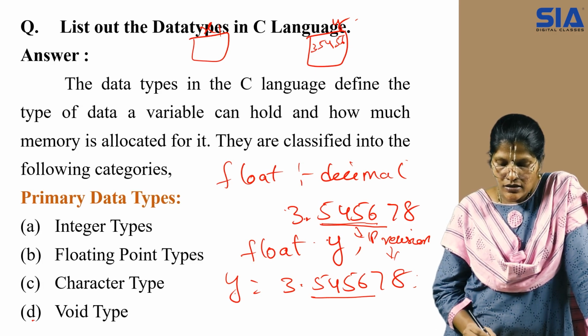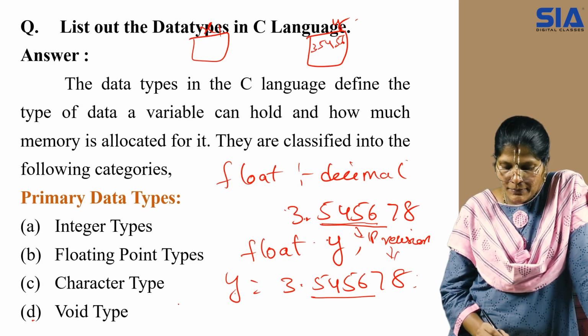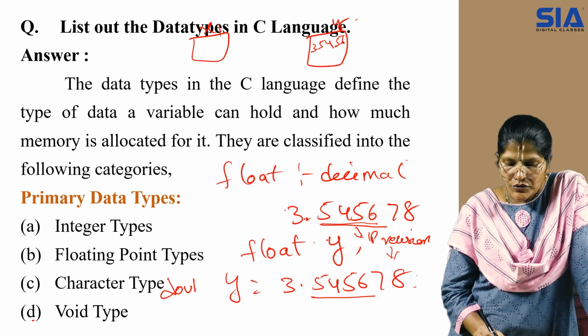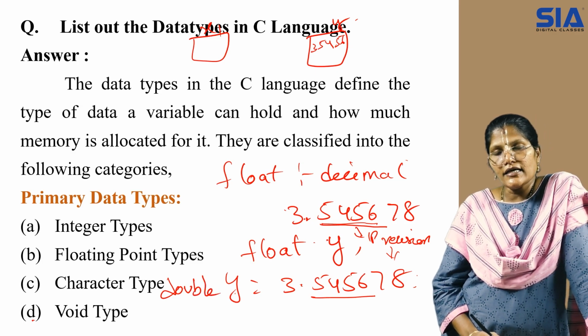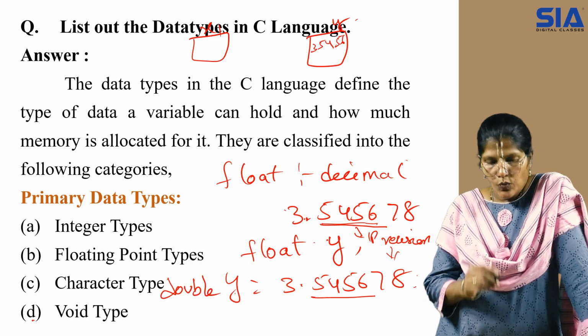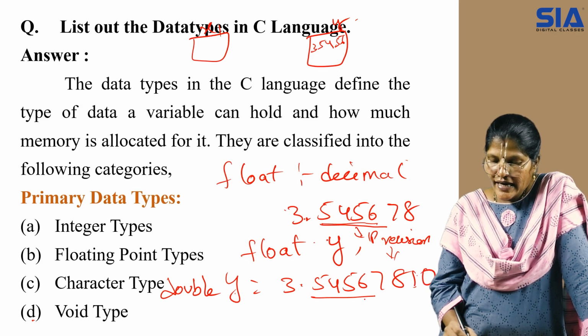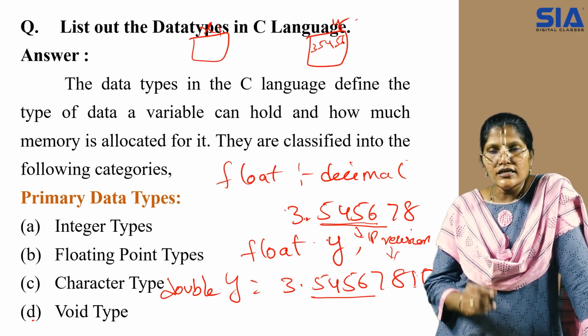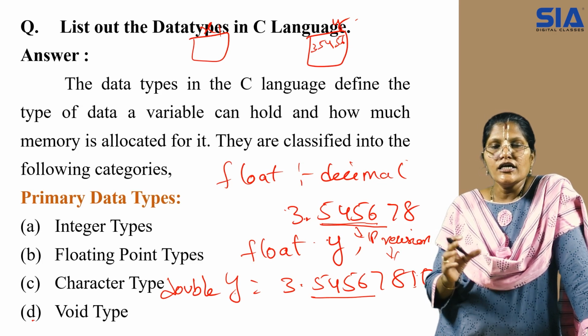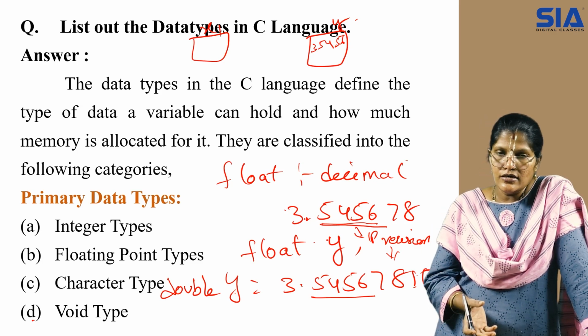When you declare the data type to be double, after the decimal point, it will consider 8 decimal values. That is, it is a double precision value, an even more exact form of the decimal value.